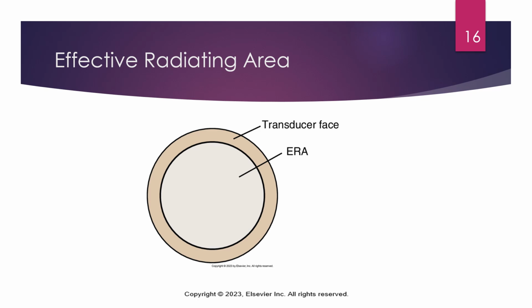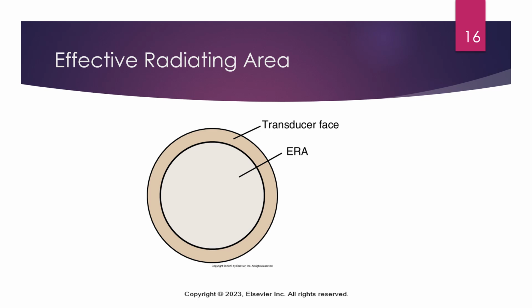We can't go up the entire length of the lateral forearm, or use ultrasound the entire length of the rectus femoris or the whole entire quad muscle group, because it's not going to treat it very effectively. So we have to think about the ERA. If there's a larger transducer head, then we can target a larger area.